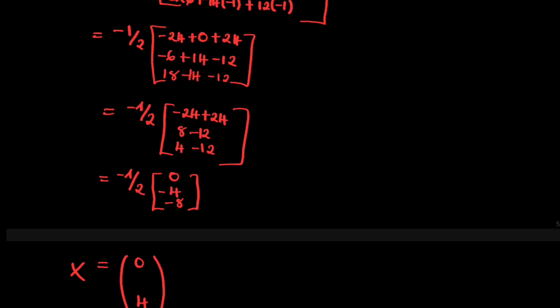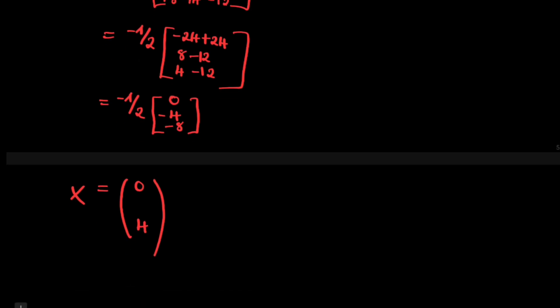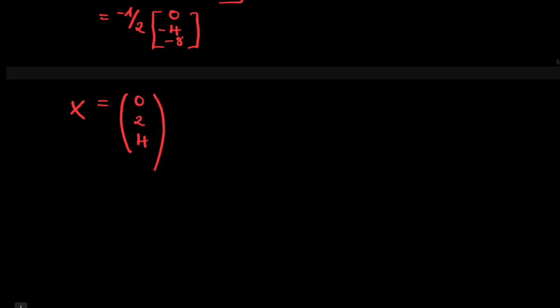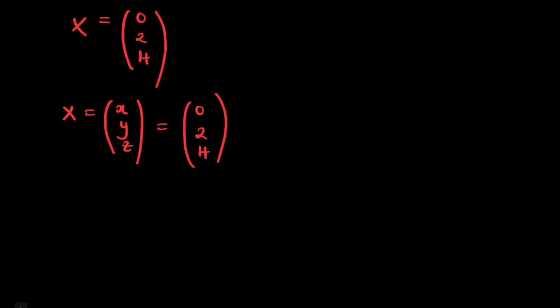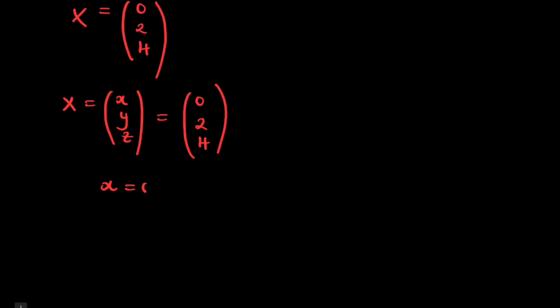So this changes to minus half times minus 4, which is 2. So that is it. So that is x. So x, y, z is equal to 0, 2, 4. So we can conclude that x is equal to 0, y is equal to 2, and z is equal to 4. So that is how we go about it.